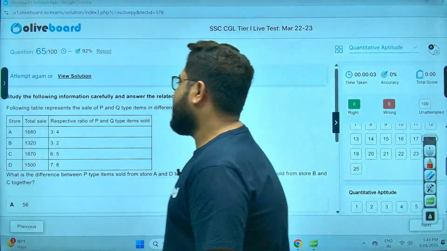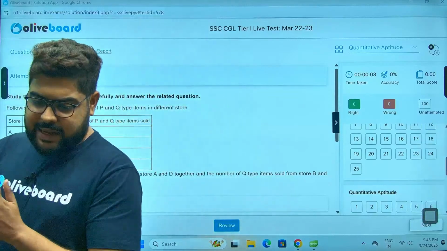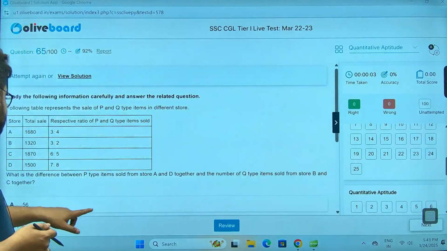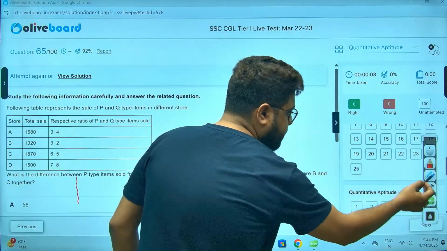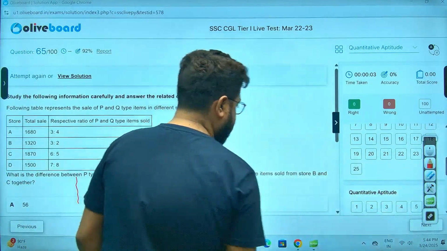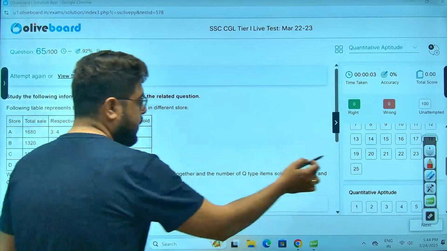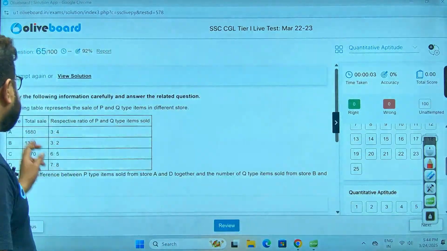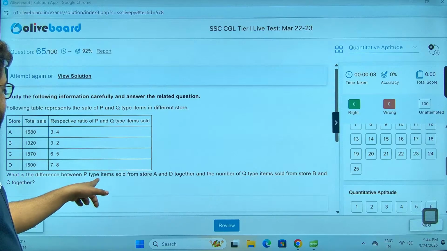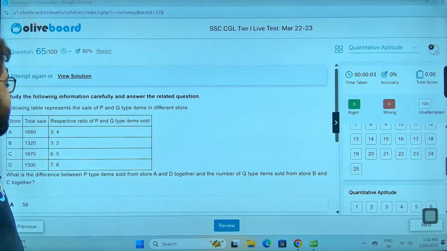P and Q. Different stores, they have given you something. What is the difference between P type item sold from store A and D together?